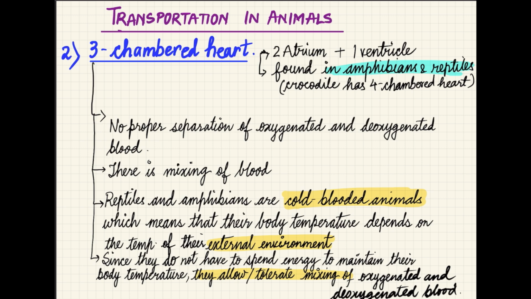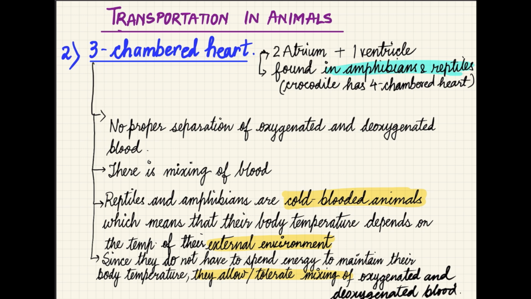Now the question comes: how do these cold-blooded animals, amphibians and reptiles, manage with this less efficient system? The answer lies in the term only. Amphibians and reptiles are cold-blooded animals. They do not need to spend extra energy to maintain their internal body temperature. Cold-blooded animals mean their body temperature varies with the external environmental temperature.